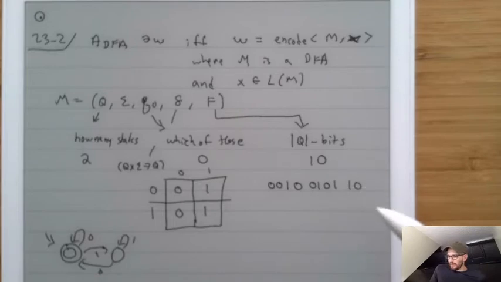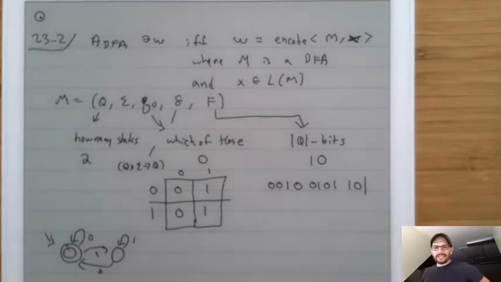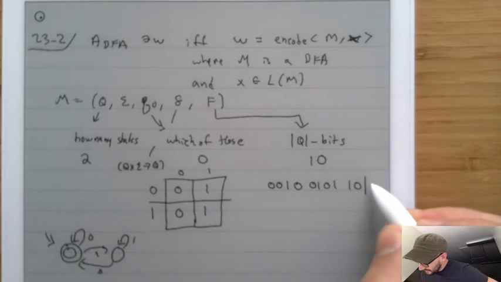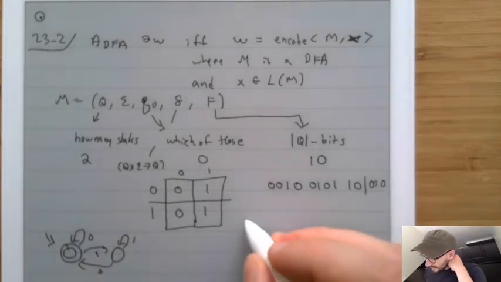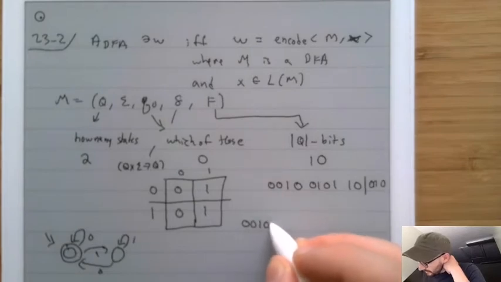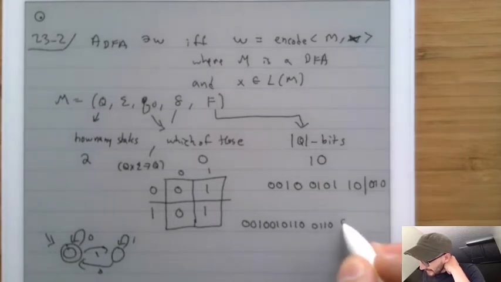Now, what we could then do is say, well, we know exactly how long this is going to be. And so once we have exactly that many bits, all the bits left over after this are just the input to this machine. So let's suppose that the input would be 0, 1, 1, 0. In that case, 0, 0, 1, 0, 0, 1, 0, 1, 1, 0, 0, 1, 1, 0 is inside of a DFA.